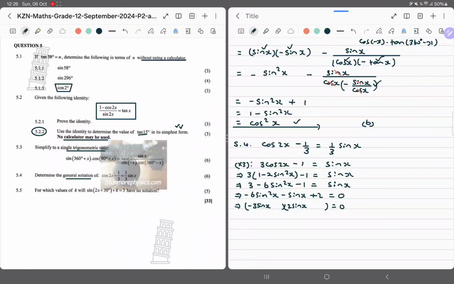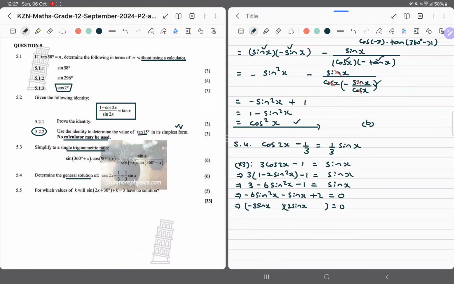Wait a minute. What must I do there? Let me see. Is it factorizable? I'm just trying to see now. If I get a 6, the other one must be positive. Looks like I'm in trouble now. Let me see, guys.